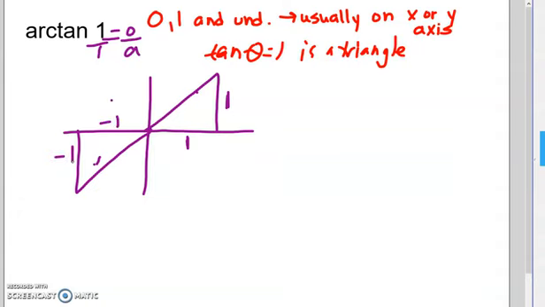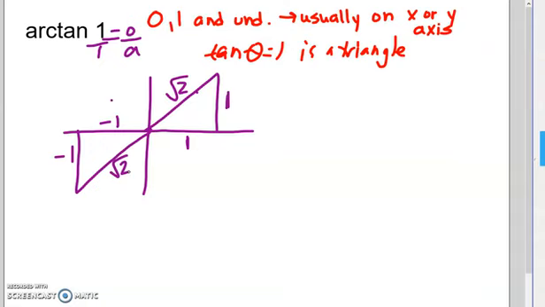So that's -1 and -1. And you can use Pythagorean theorem if you've forgotten, but if the legs are the same, then the hypotenuse is going to be the square root of 2 times the leg. So this is square root of 2, and this is also square root of 2.